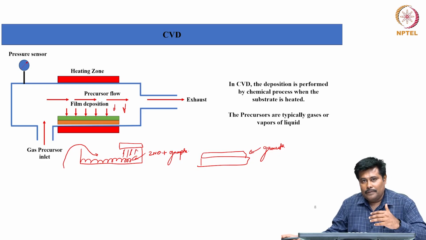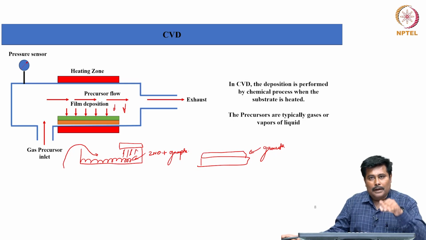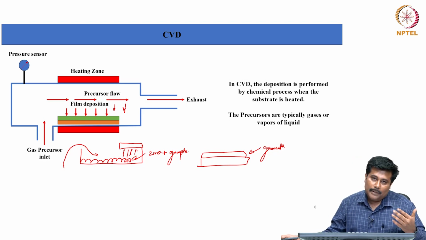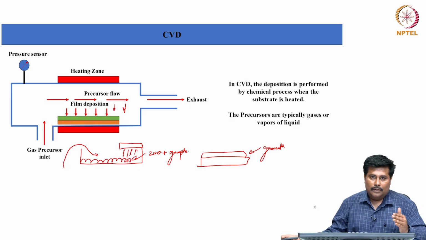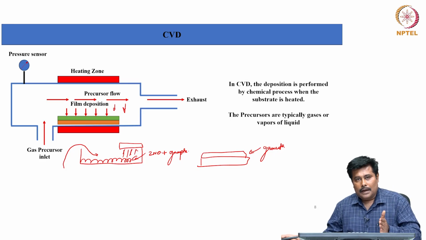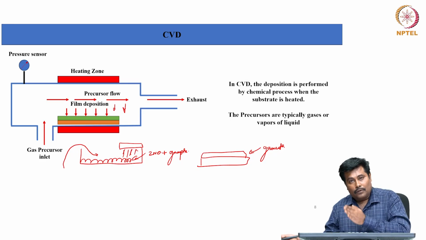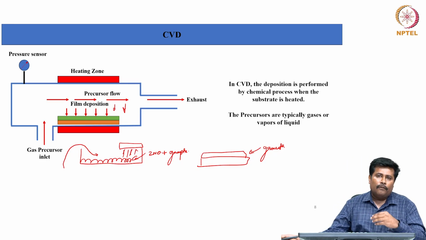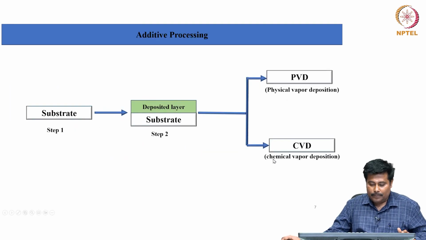In the case of a PVD process, it is possible to do masking appropriately to create a certain structure or certain parameters based on our requirement. That is one advantage of going for a PVD process, whereas for high temperature applications we normally prefer a CVD process.